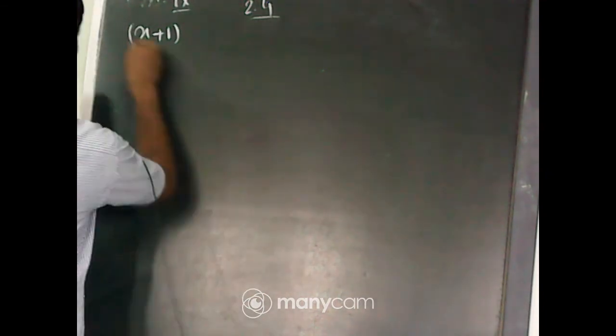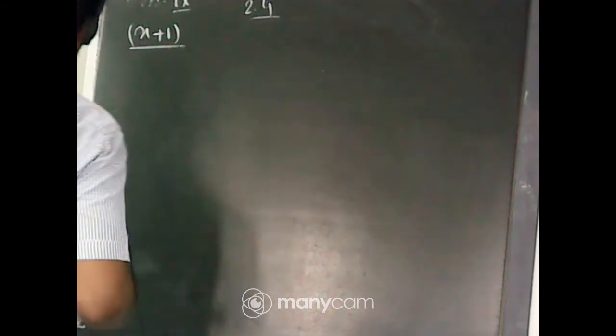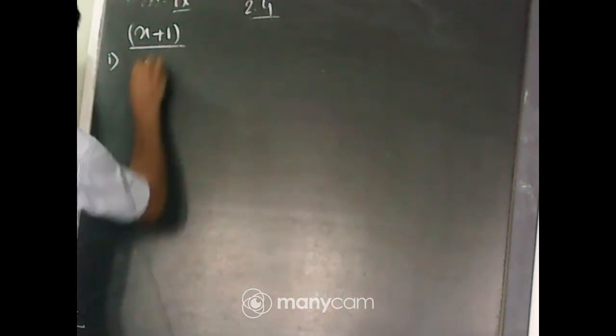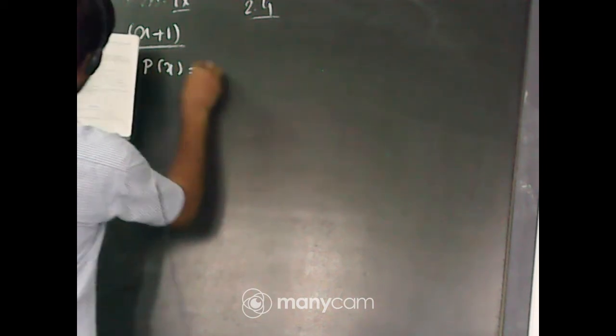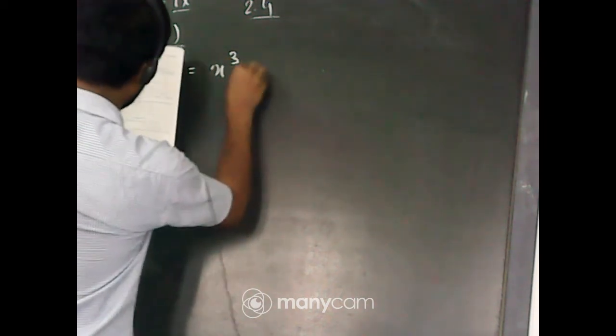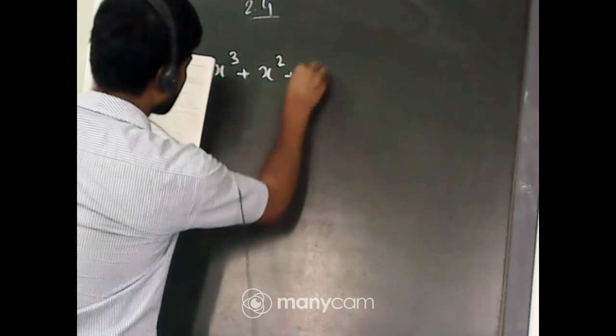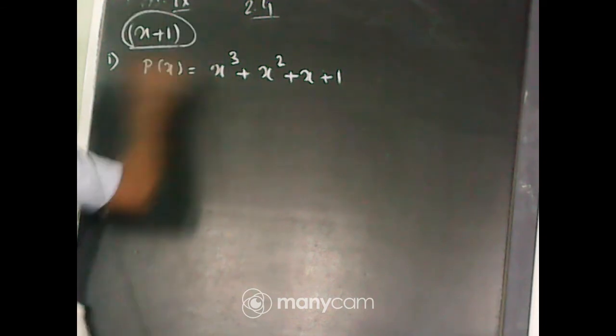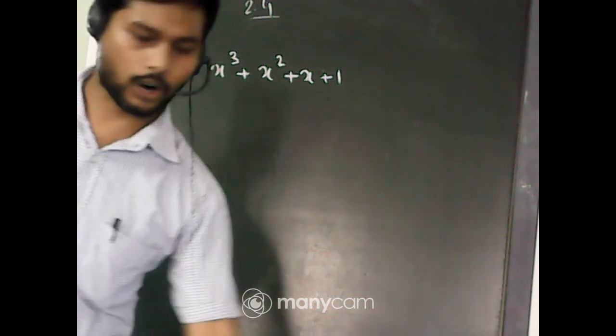Okay, now comes the question. So we have to check whether x plus 1 is a factor of the following polynomials or not. Okay, so the first question is, question number 1. Given that p of x is equal to x cube plus x square plus x plus 1, we have to check whether x plus 1 is a factor of this polynomial or not.